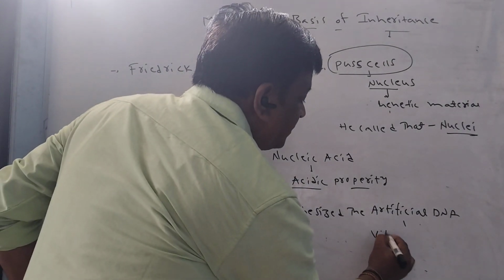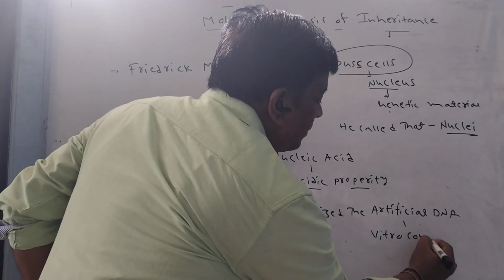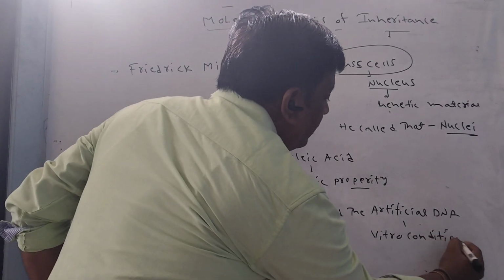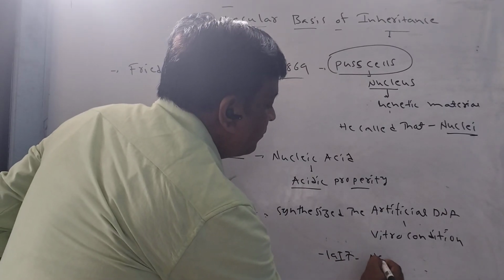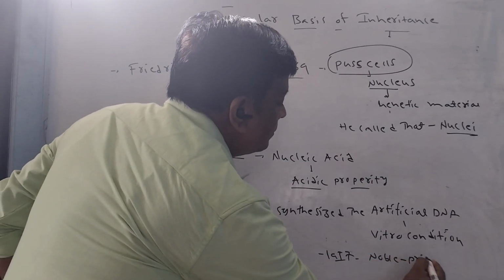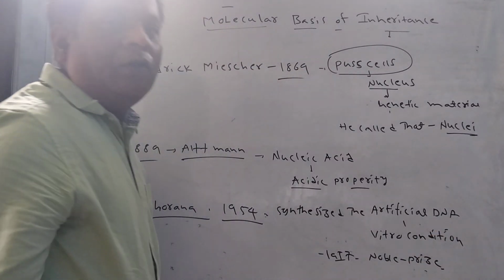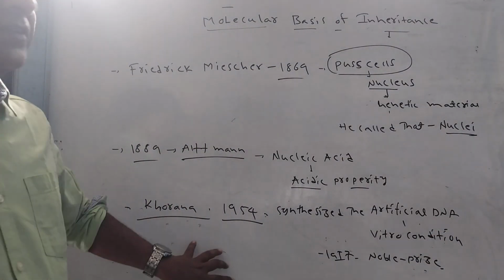He synthesized artificial DNA, which we also call an artificial chromosome. For this, in 1957, he got the Nobel Prize also.